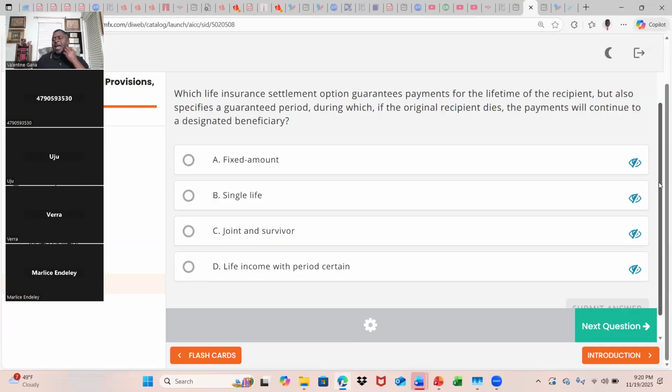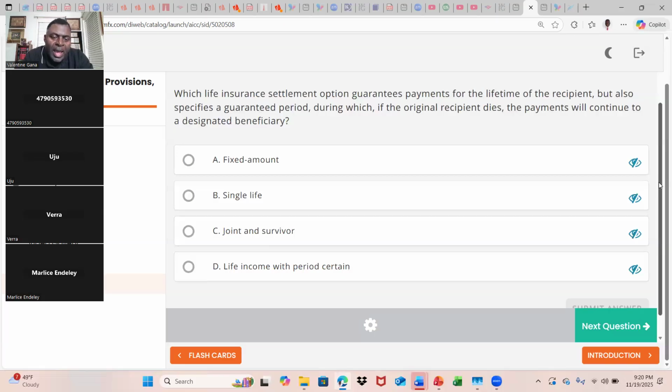C looks like the answer, but it's a slippery answer. Which life insurance settlement option guarantees payment for the lifetime of the recipient, but also specifies a guaranteed period. The correct answer is D. The key phrase to answer that question is life income, but also specifies a guaranteed period.